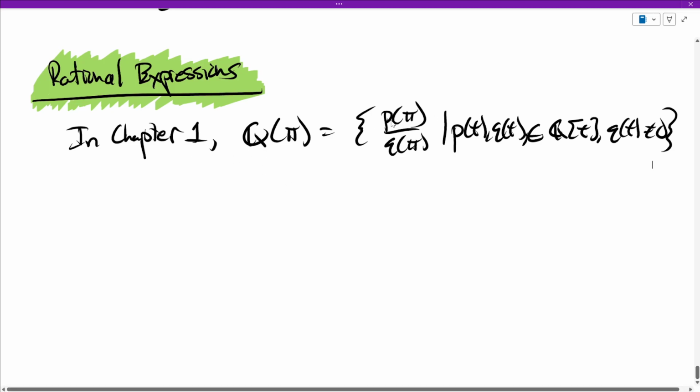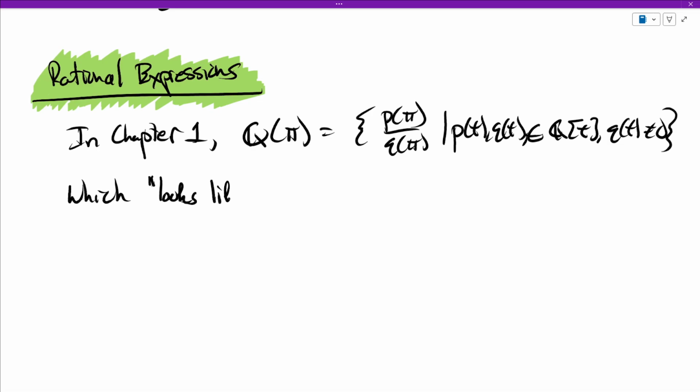However, this kind of looks like, in a way that we're going to make precise, Q(t), rational functions in t over Q. However, it's not, because these aren't functions. These are numbers. When you plug in π into a polynomial in Q, you get a polynomial expression in π.